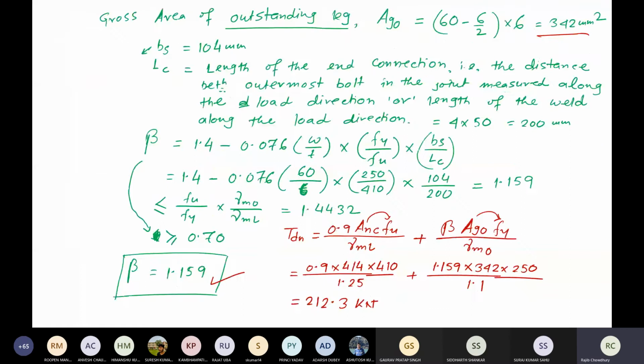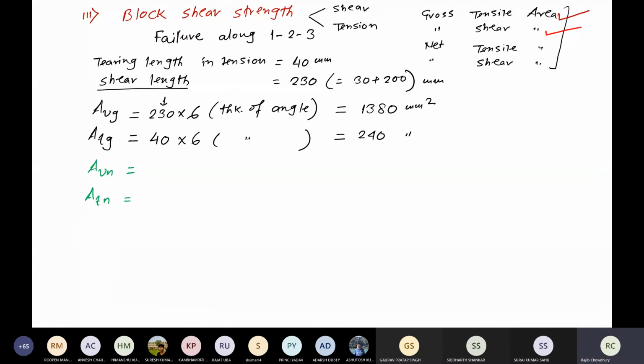So net shear area is now 230 minus 4.5 times 18 times 6, which is equal to 894 mm square, and the net tensile area is 40 minus 0.5 times 18 multiplied by 6, which is equal to 186 mm square.